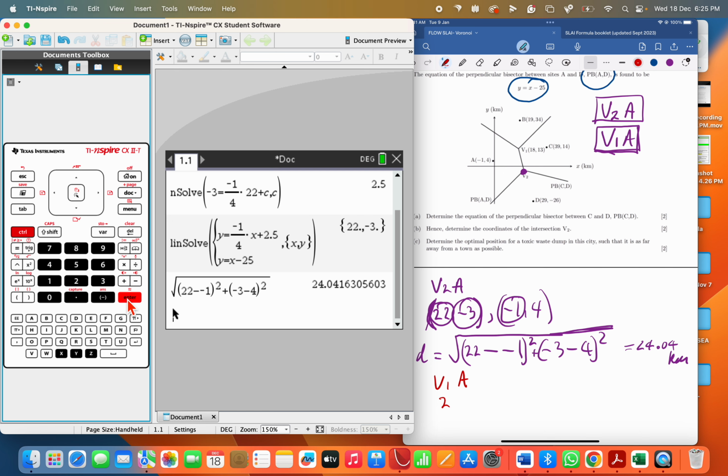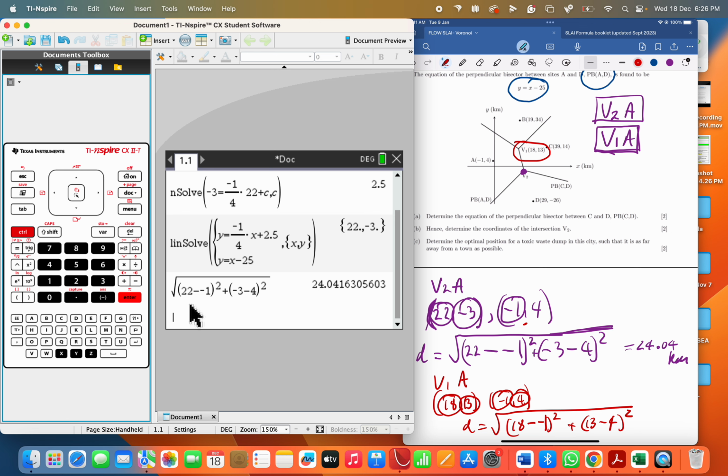Now we do the same thing with V1 with A. Now V1 is at 22, -3. Oh, sorry, my bad. That was V2, right? V1 is listed here. Okay, there we go. 18, 13, and A is the same as before, -1, 4. So D equals, let's do the distance formula again. I'm going to set this up. It's the x subtract the x, so 18 subtract -1, and then the y subtract the y, 13 subtract 4.